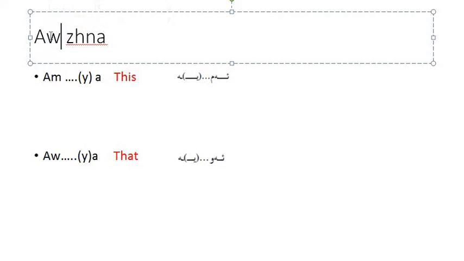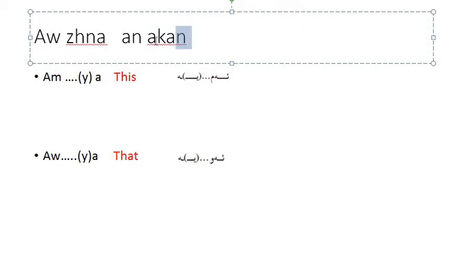If I just change this, it means that woman. But if I want to make it plural, in Kurdish we add aka, akan, or an. We add one of these two.